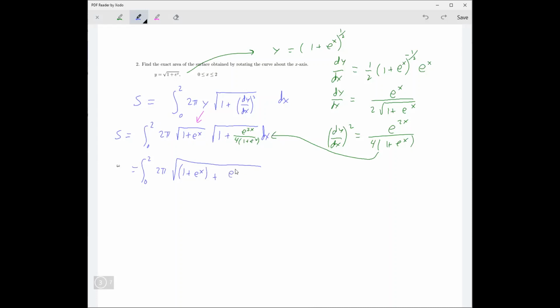So I have e to the 2x over 4. That looks really suspicious. Okay, I see what that is. That is e to the 2x over 4, which is really e to the x over 2 squared.